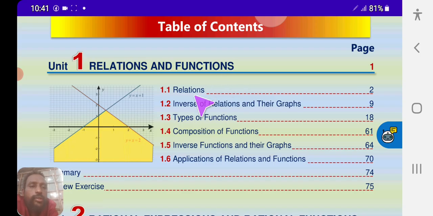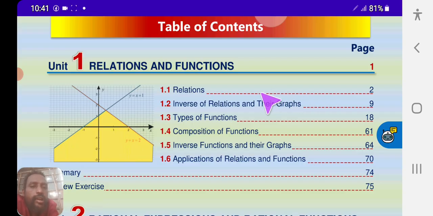Now, the main topic is relation and function. In this main topic, there are the given subtopics: 1.1 relations, 1.2 inverse of relations and their graphs.